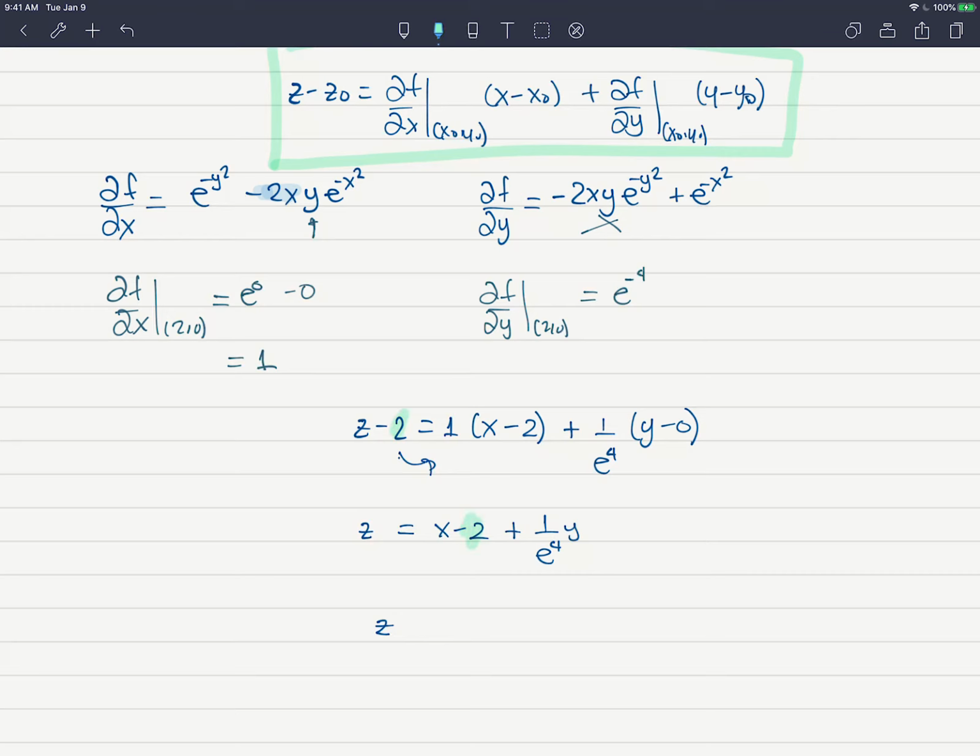This is on the other side of the equal sign. So we just get the plane z equals x plus 1 over e to the 4 y. Okay, so that's my equation of the plane. And let's check it out now in my graph.